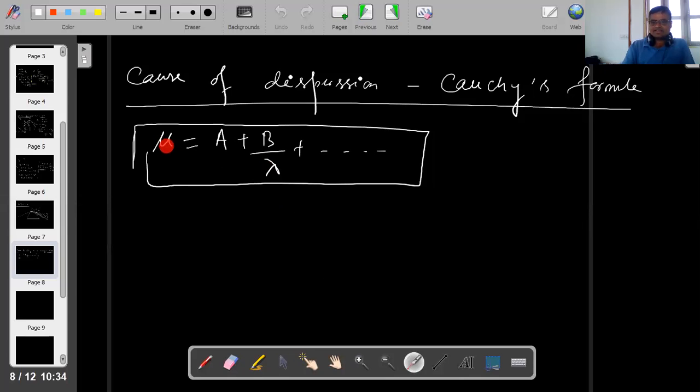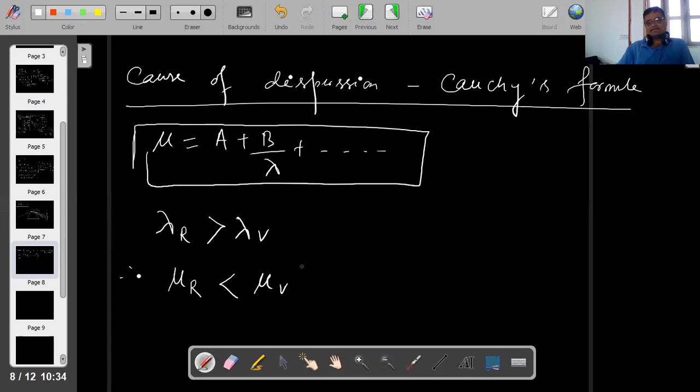Violet wavelength is less, therefore refractive index is more. So write down, as red light wavelength is greater than violet wavelength, therefore refractive index of red light is less than refractive index of violet light.